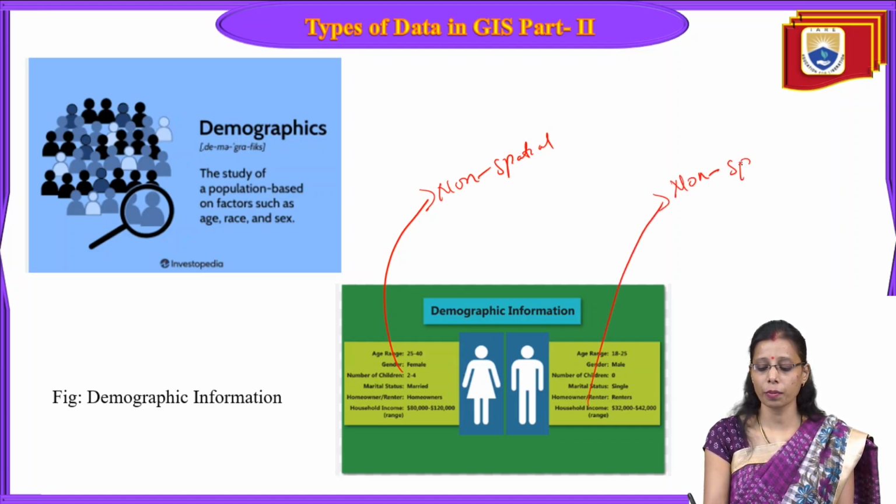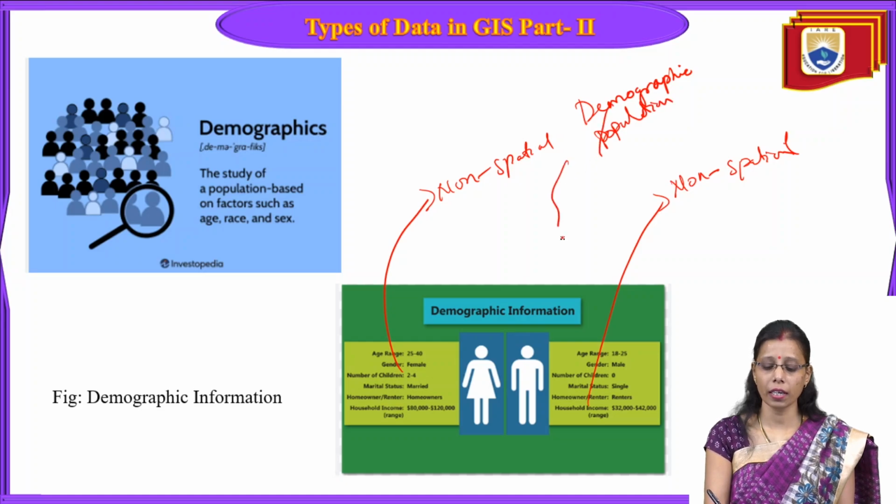Why is it non-spatial? Because it is giving the information about the spatial. So what is spatial here? If we talk about demographic population, the spatial will be the area it will show. This is the area which is called spatial. And what is non-spatial? All this information comes under non-spatial.